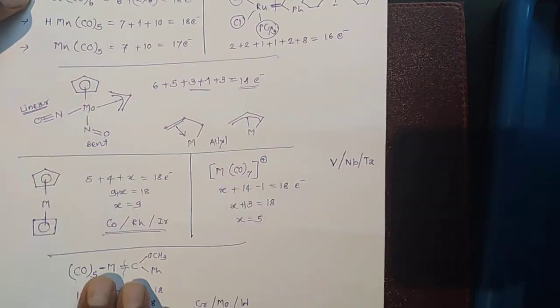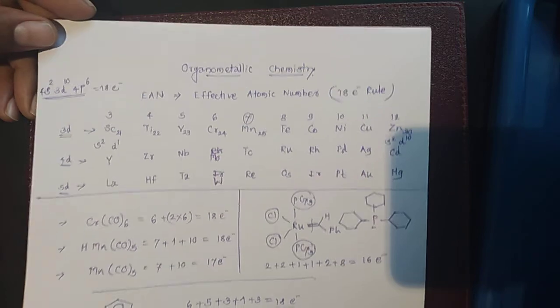I think this is very interesting, to calculate effective atomic number. We'll solve a very difficult example which I have seen in an exam, a competitive exam, the chemistry CSIR NET exam.